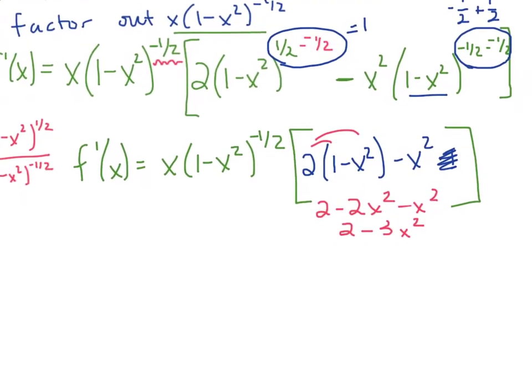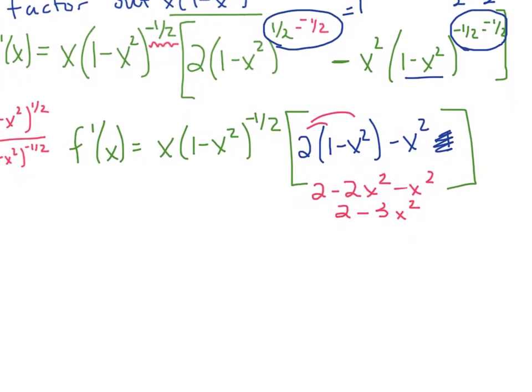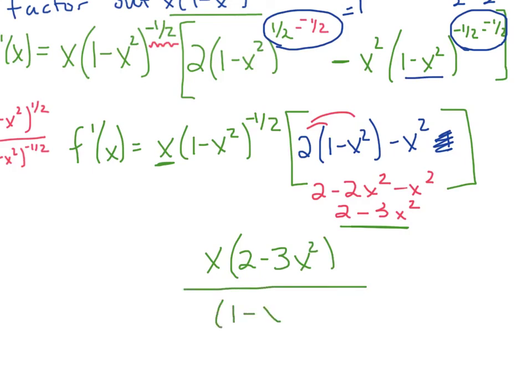Last, all you have to do is just combine this a little bit more, and I'm going to have the final answer. This is going to stay in the numerator, so x times 2 minus 3x squared all over 1 minus x squared raised to the 1/2.